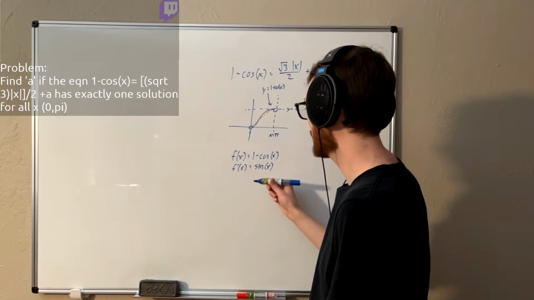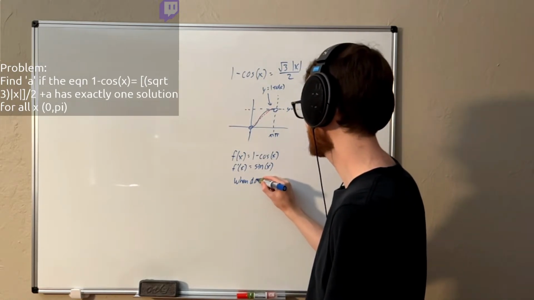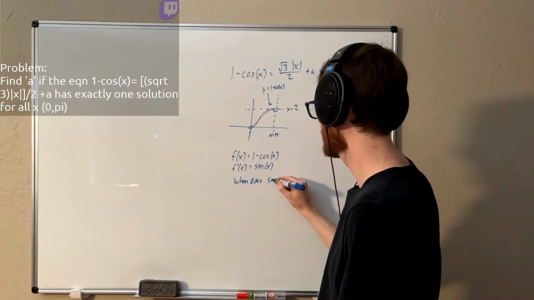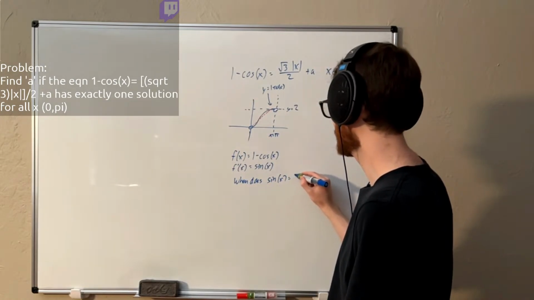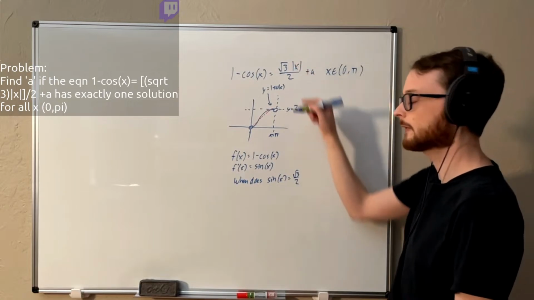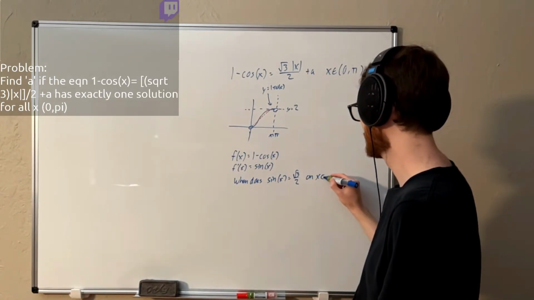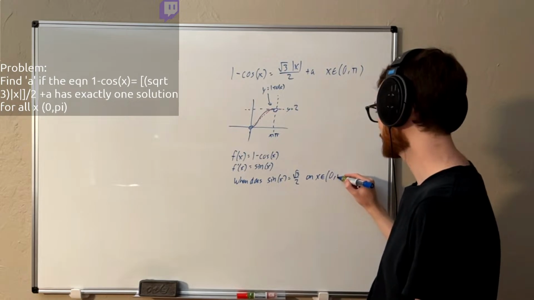And we want to know, when does sine of x equal √3/2, because that's the slope of the line. X between 0 and pi.